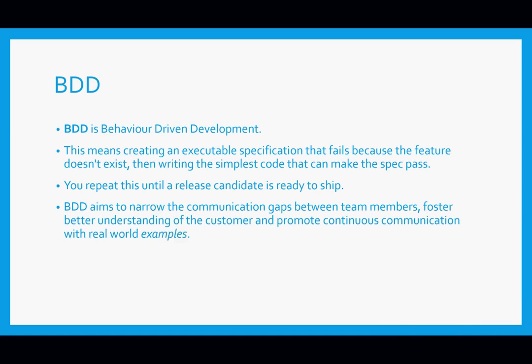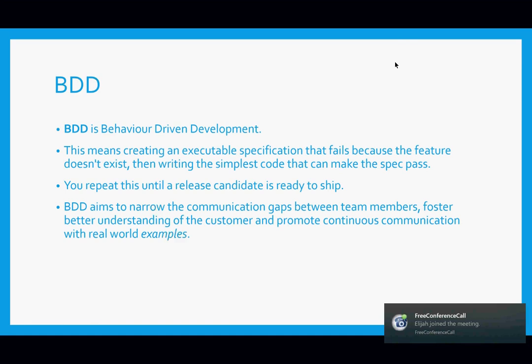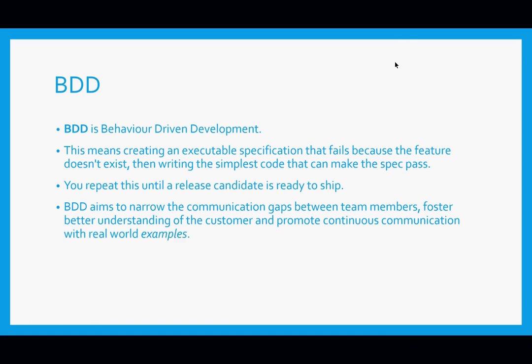When you are writing your TDD, everything is written in code, and then the communication from developer to BA is very, very narrow. There are huge gaps in there. But in BDD, it's written in English, and that helps to promote continuous communication, basically.